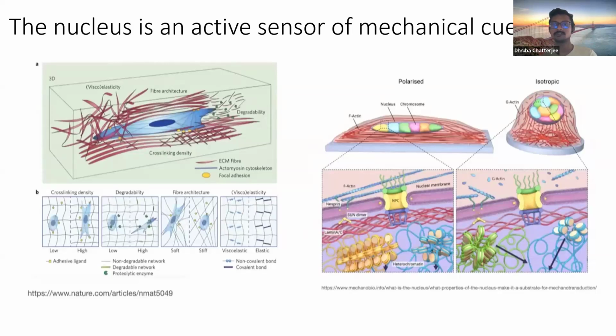So there is a change in the cellular position, localization of the nucleus, and also a change in shape of the nucleus, and that happens because of transduction of this signal from the cytoplasmic cytoskeletal elements to eventually the nuclear cytoskeletal elements, which eventually lead to a change in gene expression, right, which eventually leads to cellular responses in terms of change of positioning of the nucleus within the cell, change of shape of the nucleus within the cell, as well as various other cellular responses like cell migration, cell division, etc.